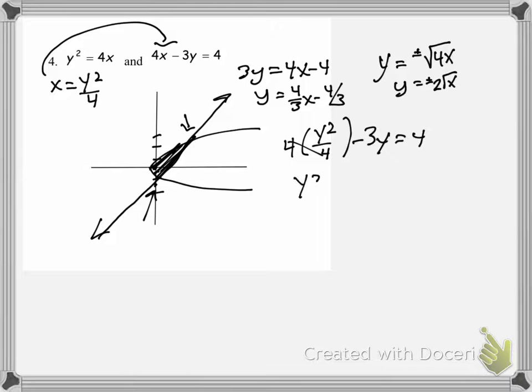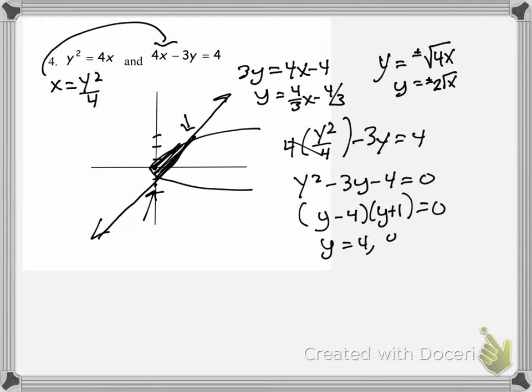So y squared minus 3y minus 4 equals 0. So it's (y minus 4)(y plus 1) equals 0. So y equals 4 and y equals negative 1. This point right here is 4, and this point is negative 1. So our interval is going to be from negative 1 to 4.